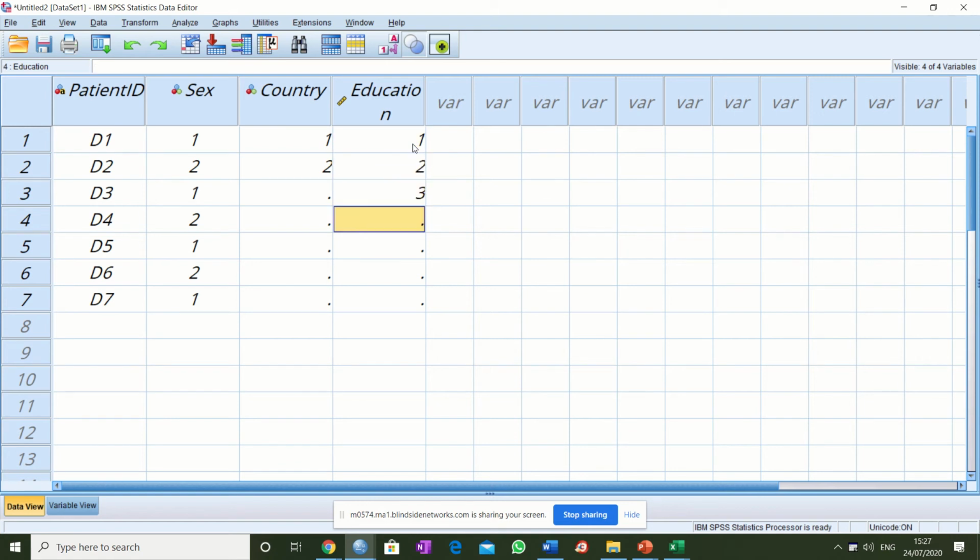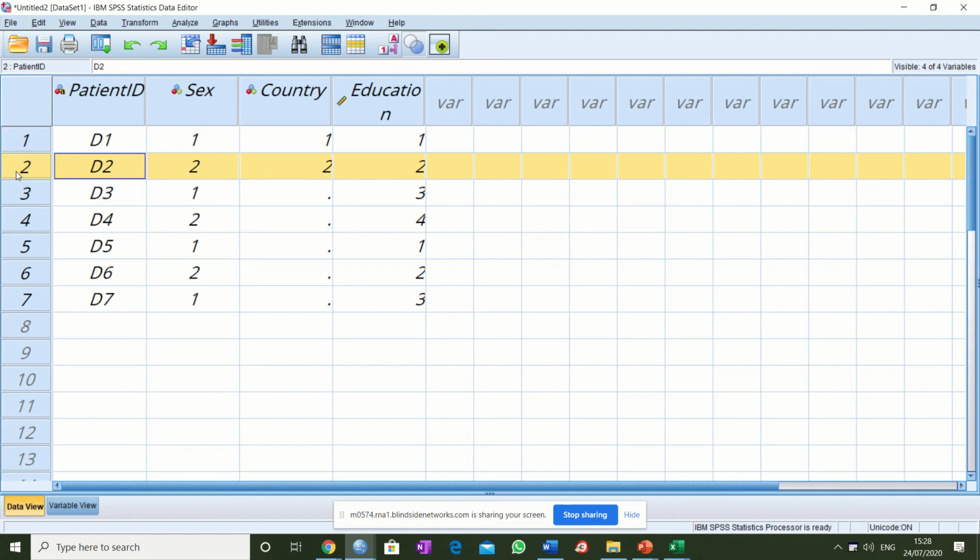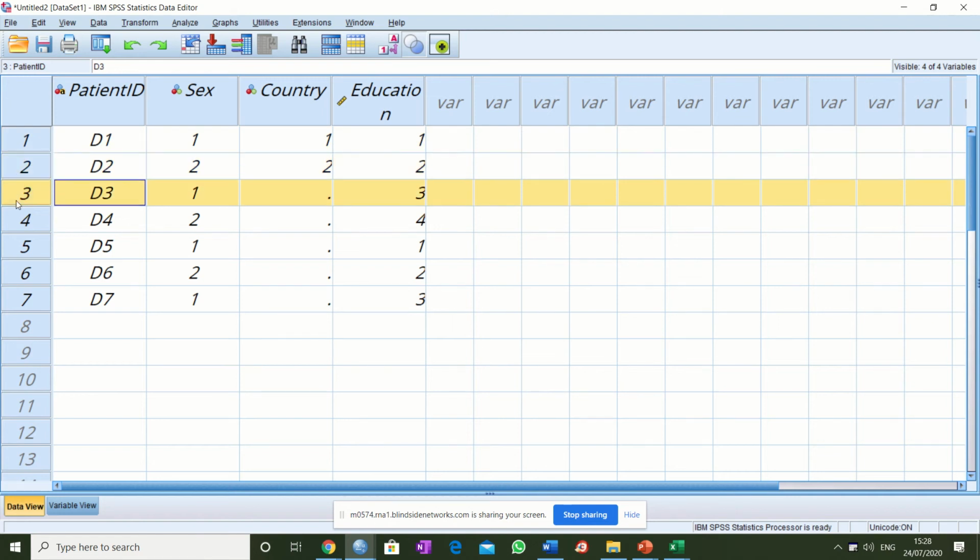Now, for example, you don't throw this like that. This is just an example. You ask people. By the way, this means first patient. Here, this is information for second patient. So each row gives us some information for patients, or if we are conducting a research study, for our participants.